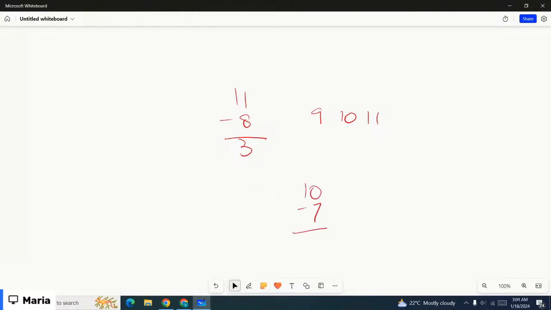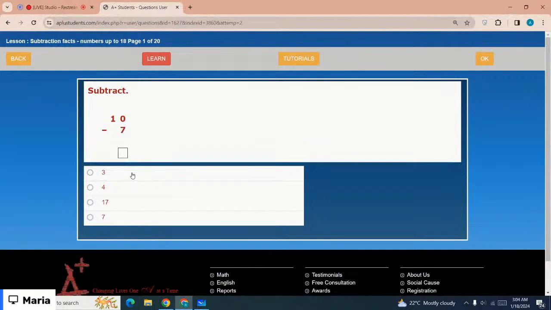Start with 7 and count till 10. So that is 7, 8, 9 and 10. So 10 take away 7 is 3. The correct option is 3. Got it? 10 take away 7 is 3.